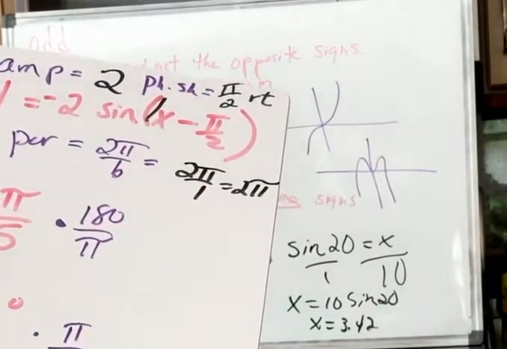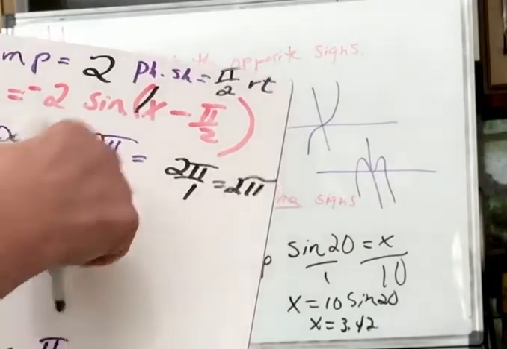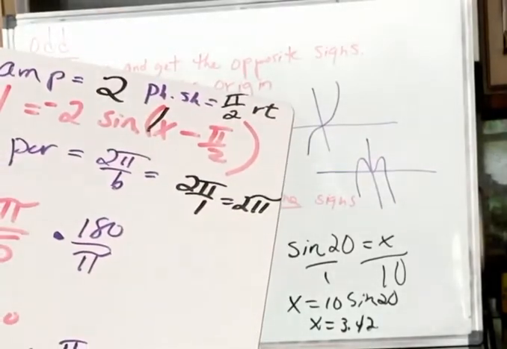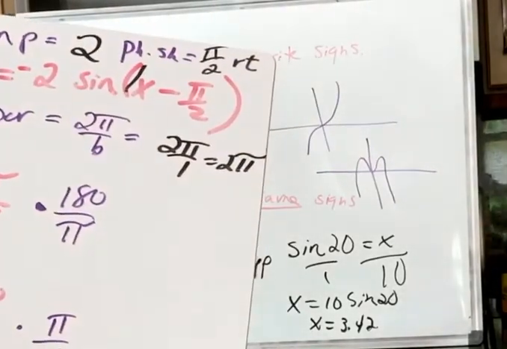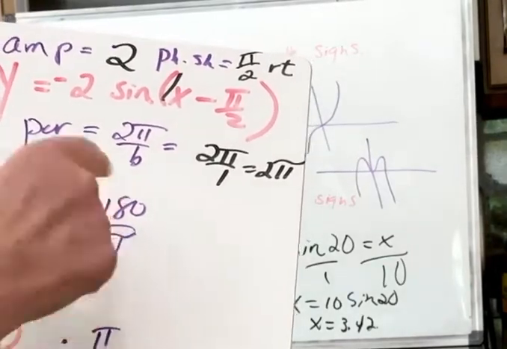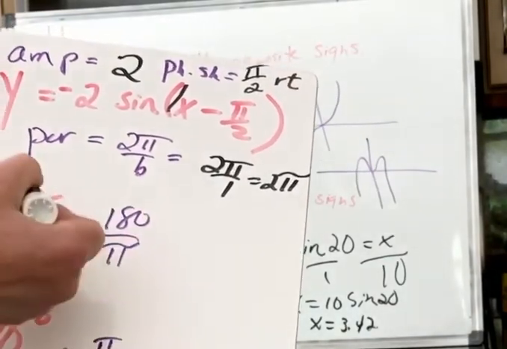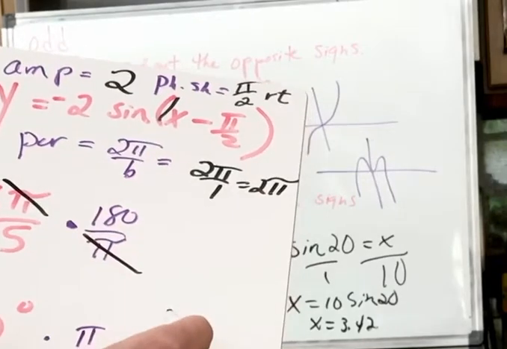That was a very easy problem. If b was a fraction, you'd have to flip and multiply it to the top. In order to convert from radians to degrees, we multiply by 180 over pi. Therefore, I cross out my pi's here.